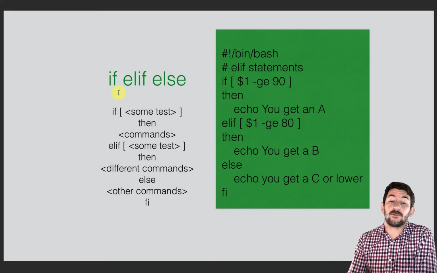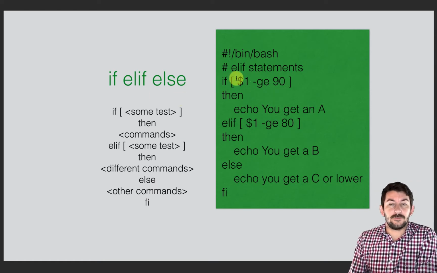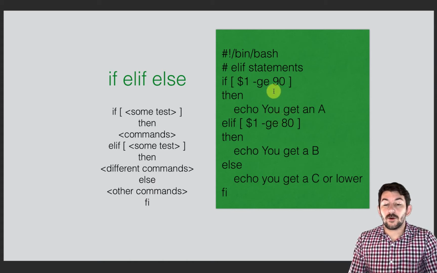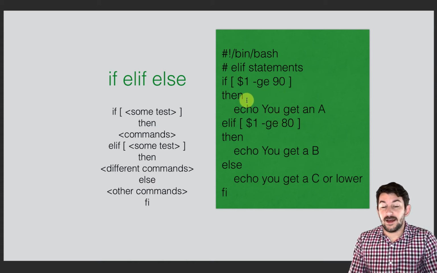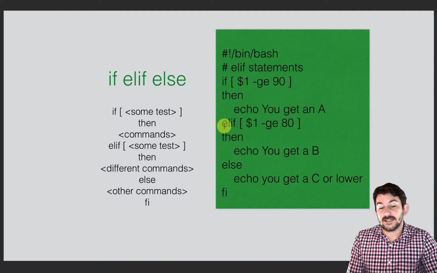Okay, so here's an example of an else if statement usage if we're thinking about how to deal with grades. Again, the beginning is the same. If your variable is greater than, in this case we use an E for equal to, so greater than or equal to 90, then you echo, you get an A. Now, because we already have all the things 90 or higher that have gone down this first if path, we can then have an else path that also has an if condition attached to it.